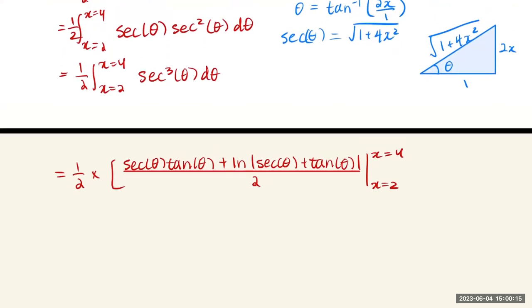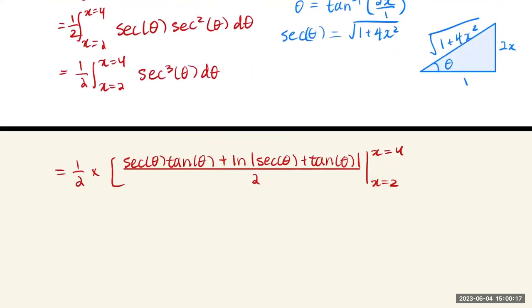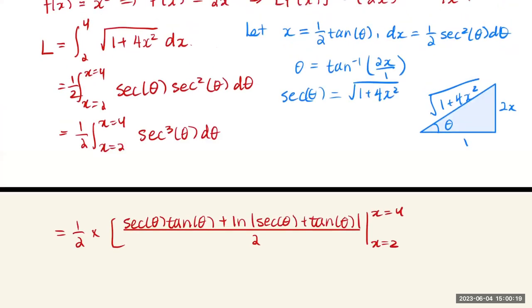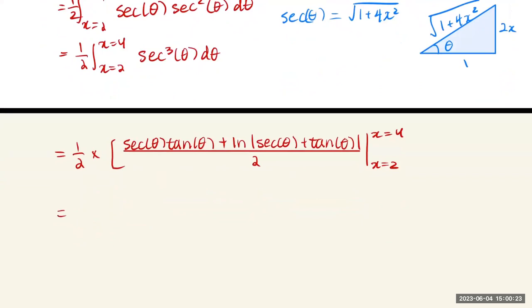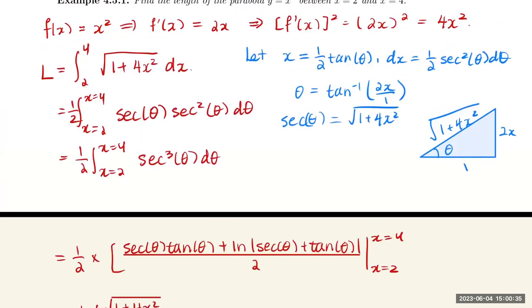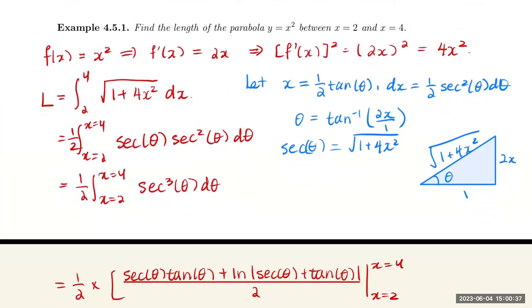So let's go ahead and substitute everything back in. So we know that secant theta is going to be the square root of 1 plus 4x squared. We know that tan theta is going to be 2x.